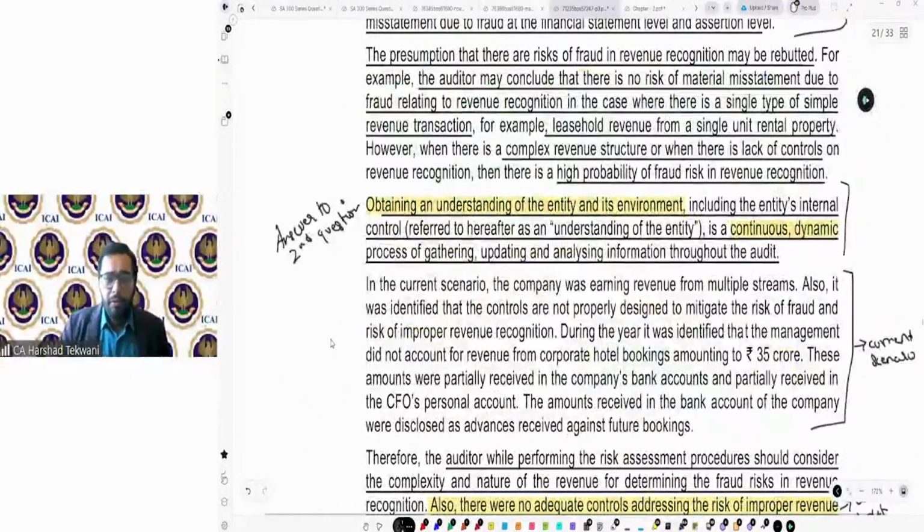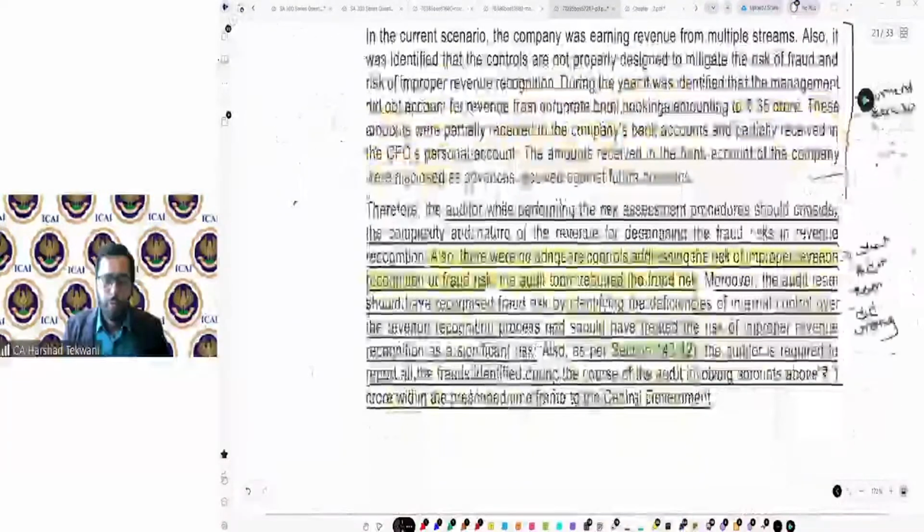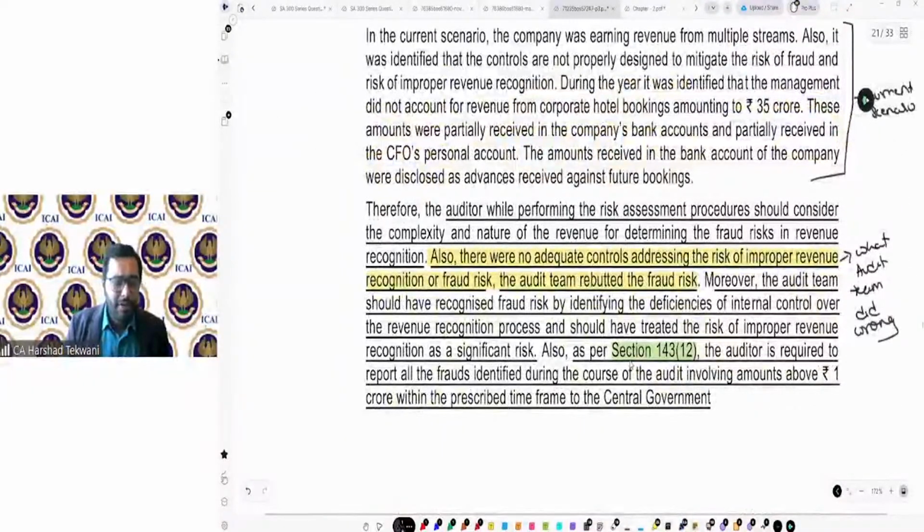And then I'm saying what auditor should do. Same here, this from here to here.